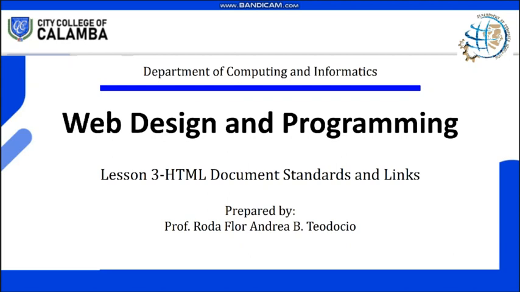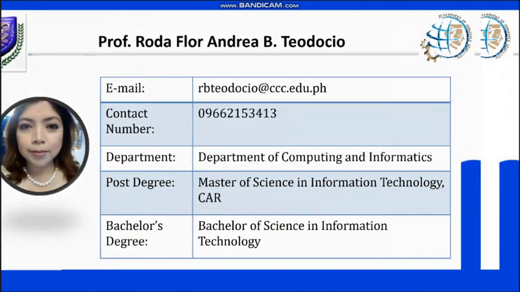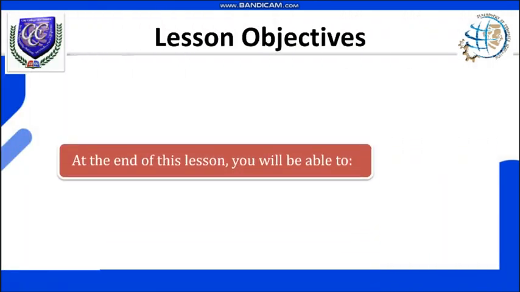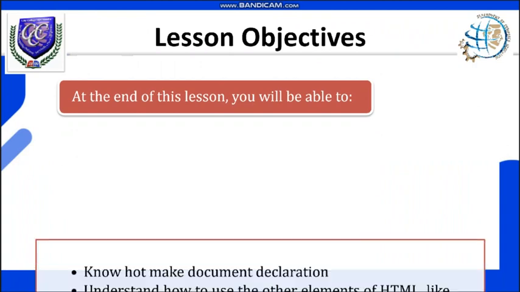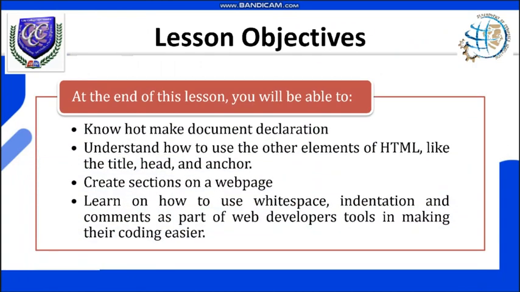So, on this lesson, we are going to go ahead and discuss the following objectives. So, at the end of this lesson, we should be able to know how to make document declaration, understand how to use the other elements of HTML like the title, head, and anchor.